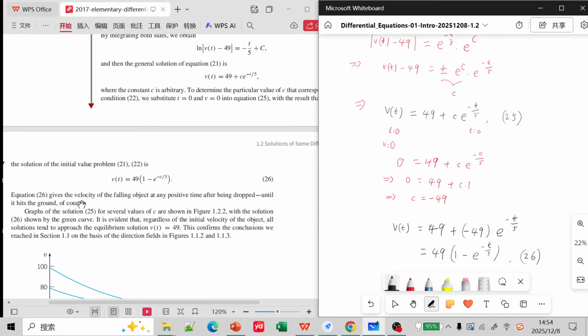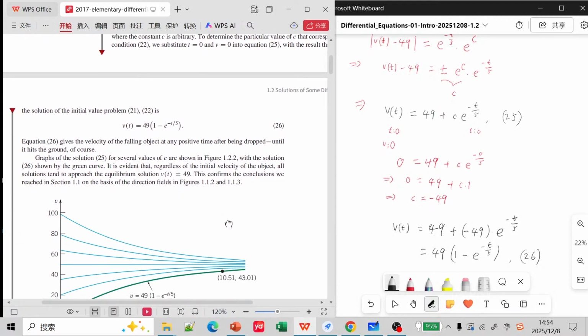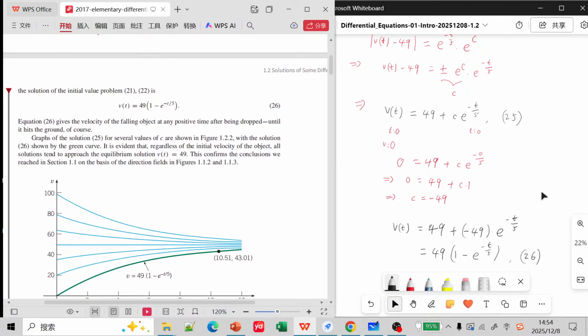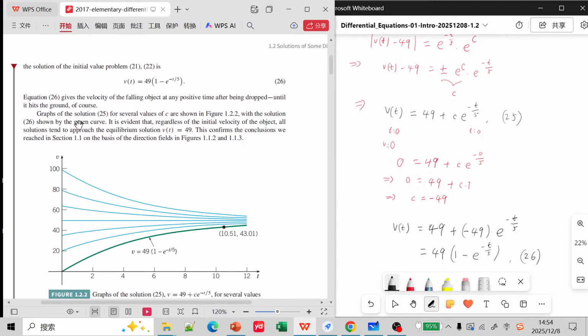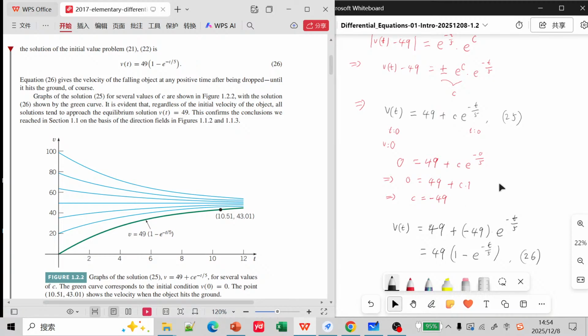Equation 26 gives the velocity of the falling object at any positive time after being dropped until it hits the ground, of course. So before the object hits the ground, this equation is valid, it's correct. Graphs of the solution 25 for several values, and this is a general solution, are shown in figure 1.2.2, with the solution 26 shown by the green curve.